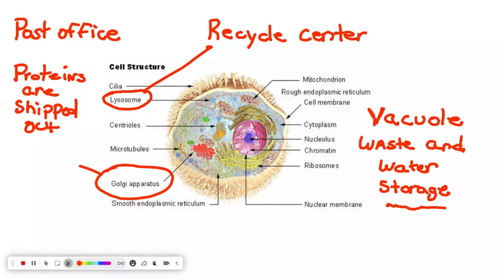So again, we have our post office in the Golgi apparatus. We have our manufacturing district in the endoplasmic reticulum. We have our ribosomes, which are factories that make proteins. We have our control center or town hall or city hall in the nucleus. We have our border guards in the cell membrane. We have our lysosomes that are our sanitation department, get rid of the wastes.